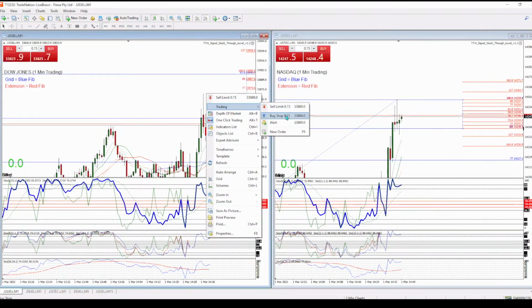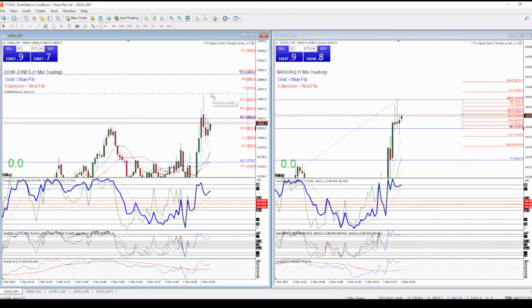You can put a buy stop on the Dow. Yes, we just need to wait for one more candle.